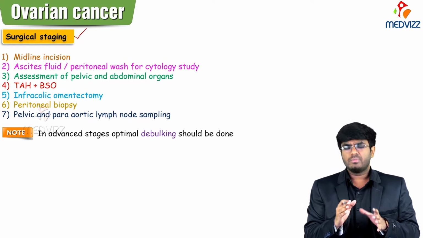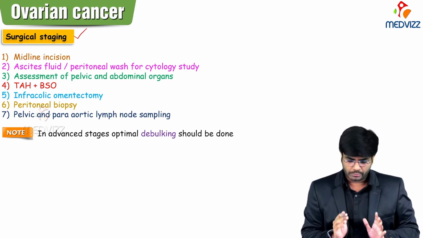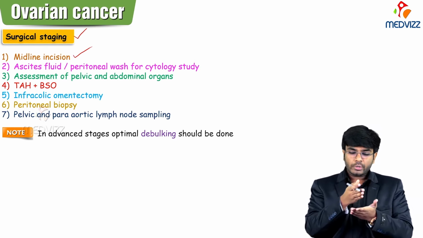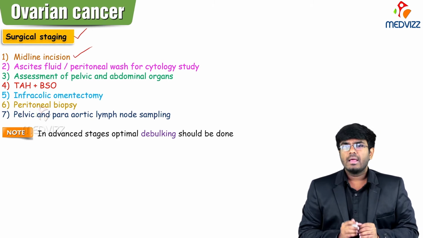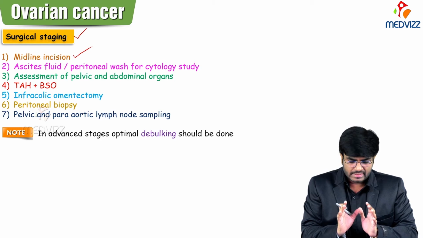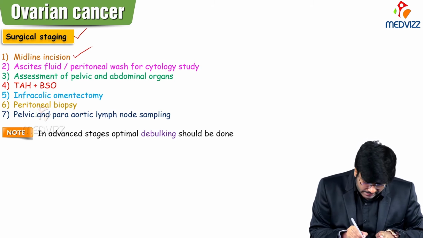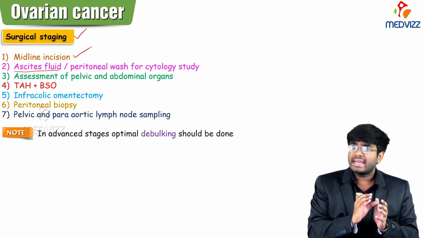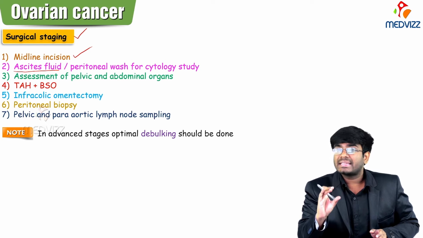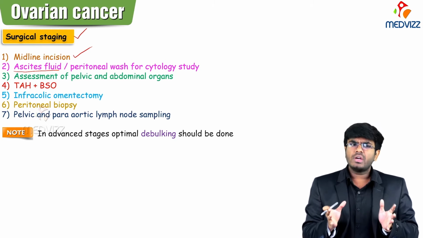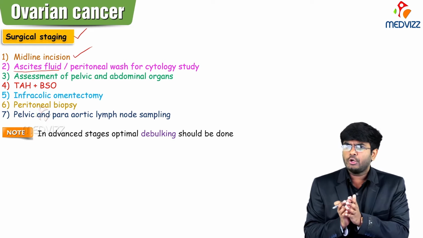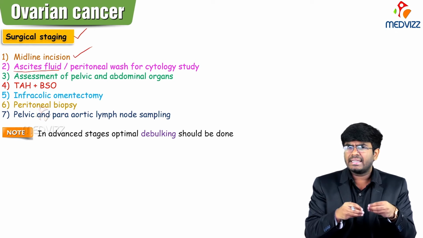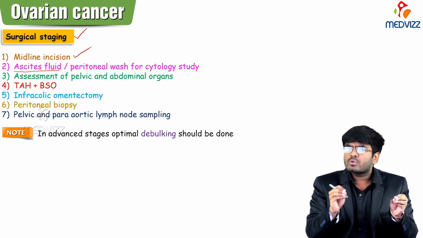Now a female came, we have started the surgery. What are we going to do? We are going to give a midline incision. We are going to do the laparotomy. We are going to cut open the abdomen, midline incision. Now, if you see there is ascites, we are going to collect this ascitic fluid and send it to the path lab for cytology, just to know whether this ovarian tumor is spilling some microscopic cells into this ascitic fluid, so that there might be microscopic deposit.